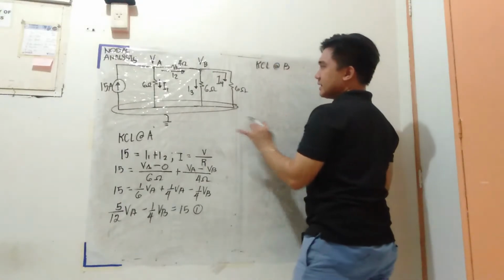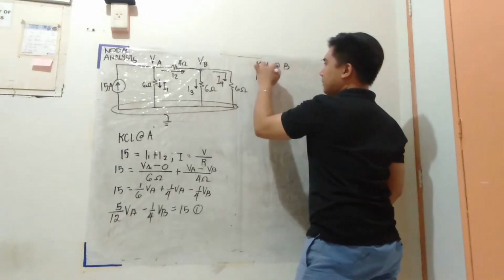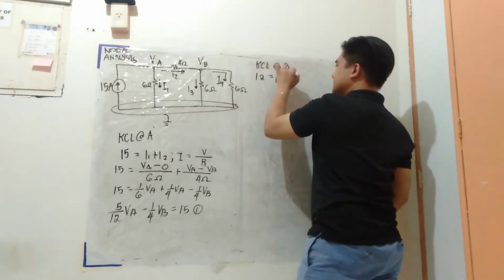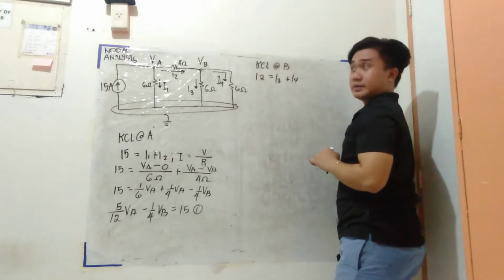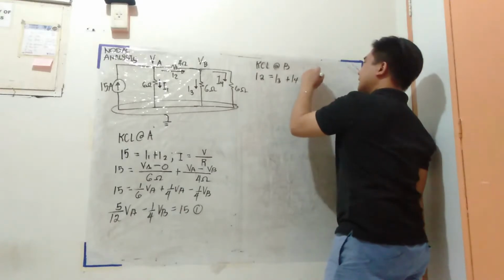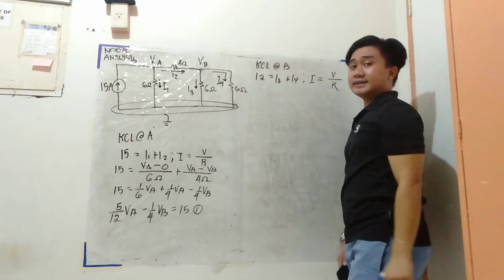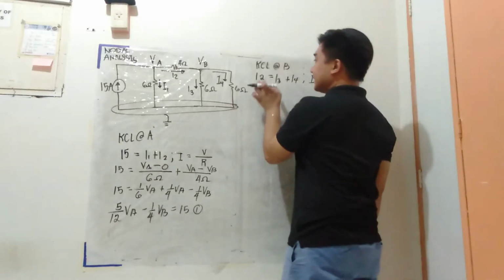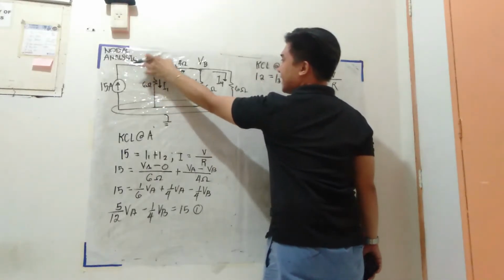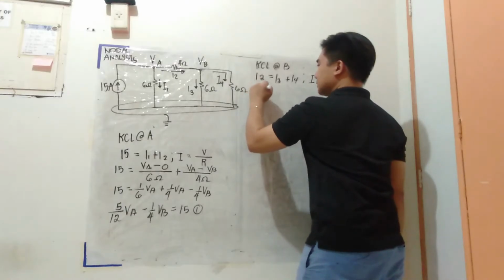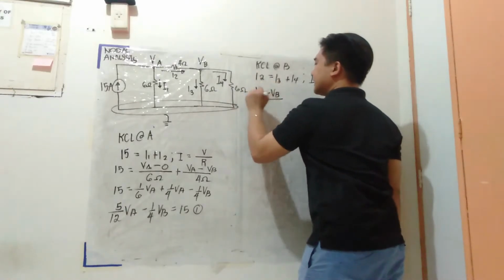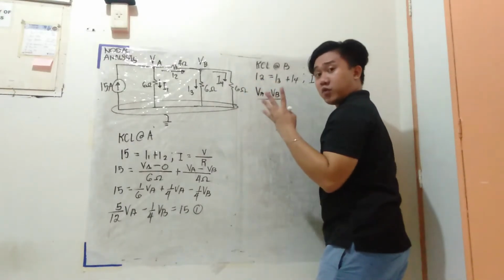Magki-KCL ako kay B, papasok si I2, pero palabas si I3 tsaka si I4. Okay? And then, papalitan ko ang I as a ratio of voltage and resistance. So, tingnan ko si I2, that's just VA minus VB, all over the resistance na dinaanan, which is 4 ohms.